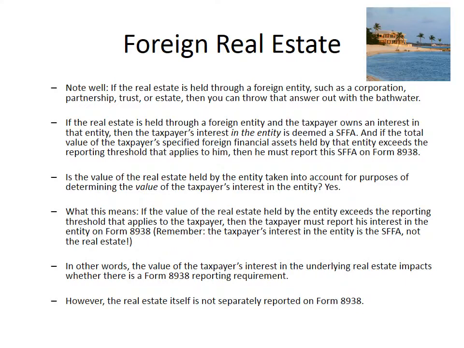In other words, the value of John's interest in the underlying real estate impacts whether there is a Form 8938 reporting requirement. However, the real estate itself is not separately reported on Form 8938.